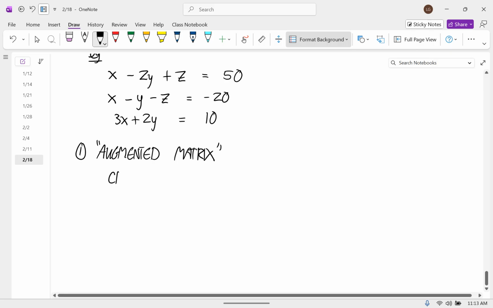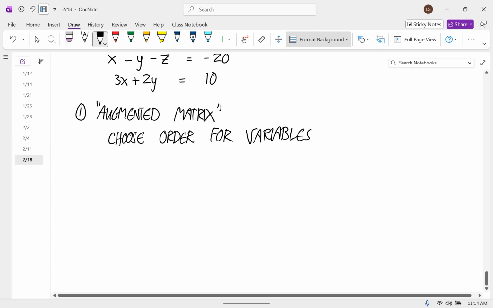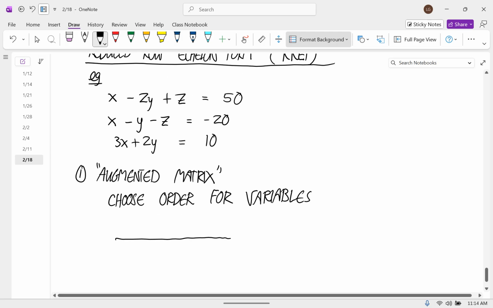You're just going to choose an order for the variables, and you're going to be consistent with that through the whole thing. And those are going to be the columns of your matrix.